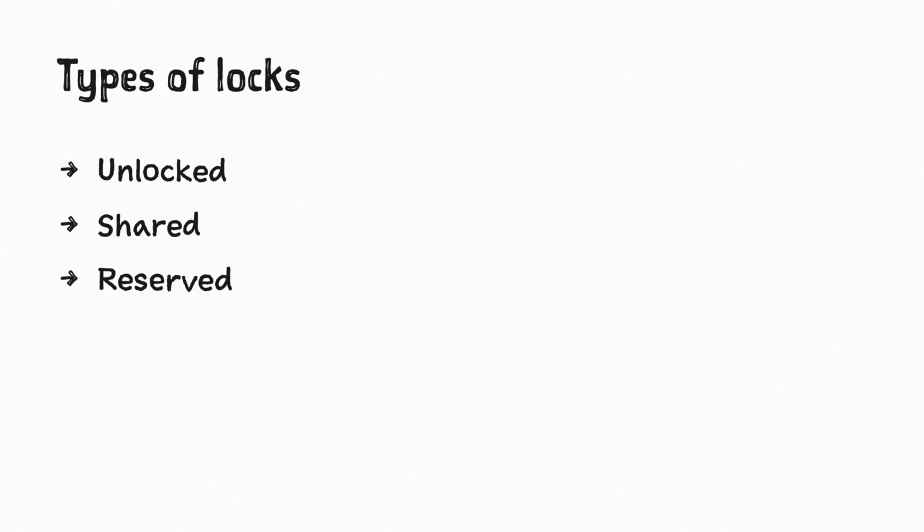Multiple shared locks, like I said, can exist at the same time, but only one reserved lock can be on the database at the same time. So this is basically saying I'm planning on writing to the database, but with this lock, new reads, new shared locks can start.